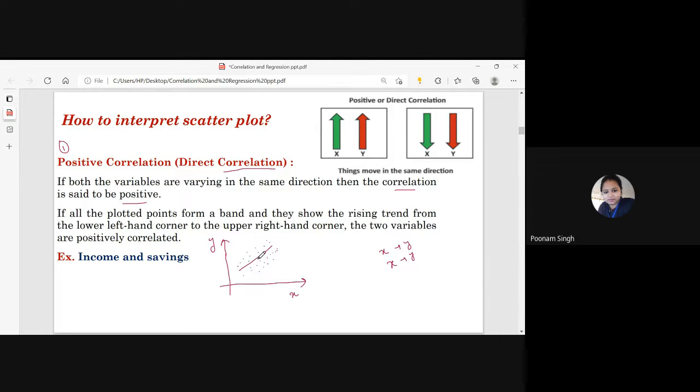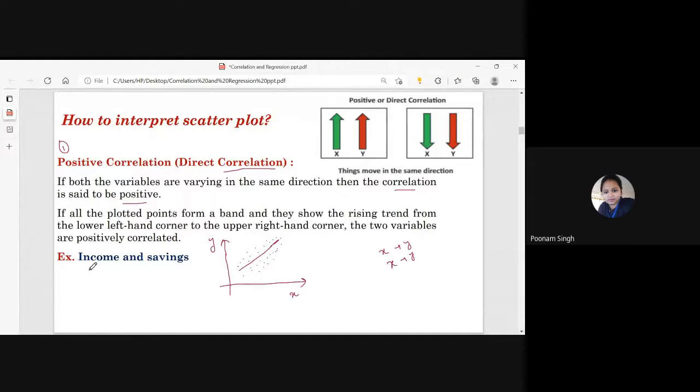It is clear now. If both the variables are varying in the same direction, then only such type of graph will be formed. Okay, if smaller values of x are associated with the smaller values of y, if larger values of x are associated with the larger values of y, then only such type of scatter plot or graph will be formed. Now, if you are getting such type of scatter plot after plotting on xy axis, then we say that variable x and y are positively correlated.